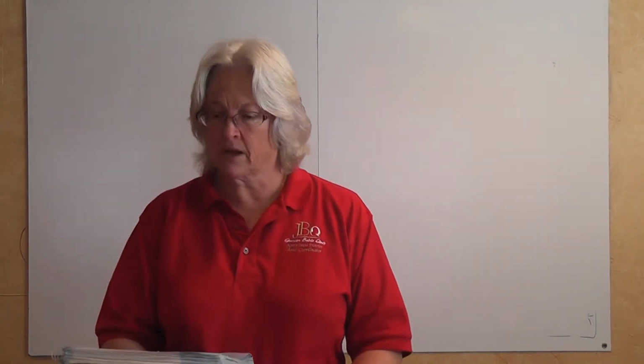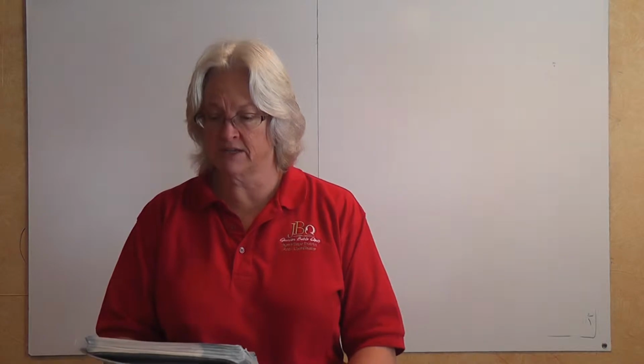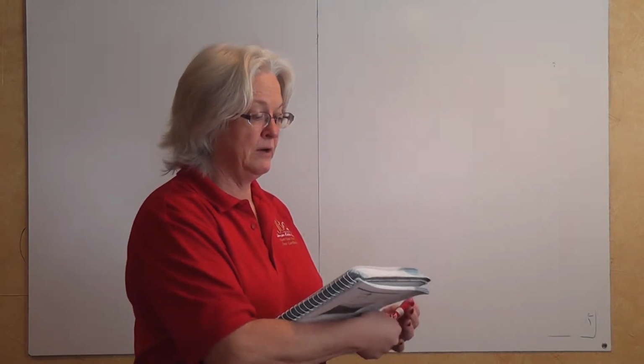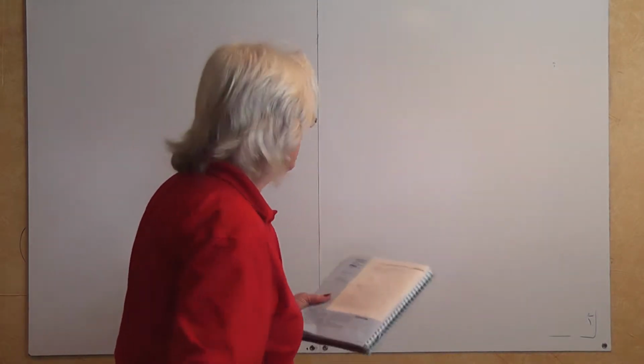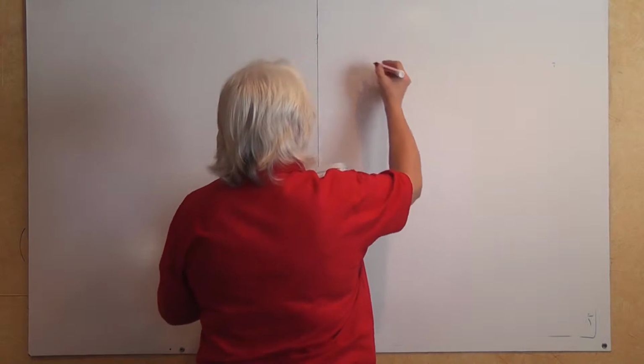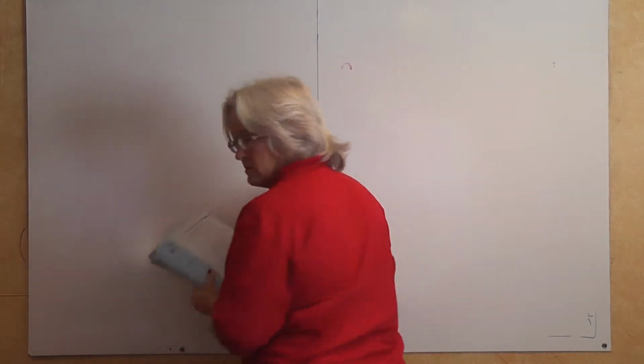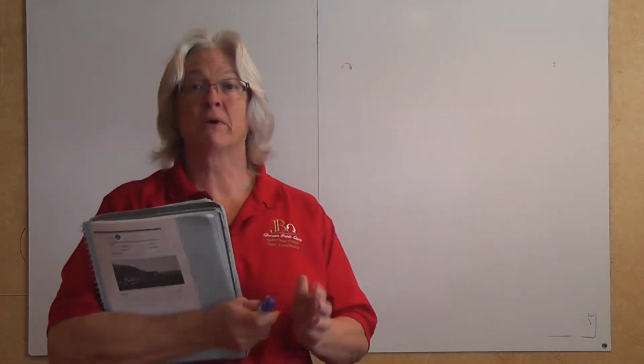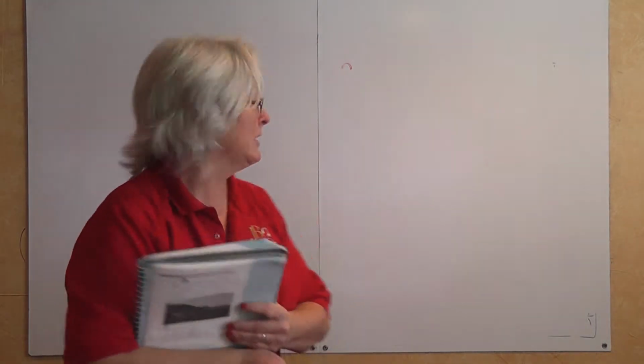So let's go ahead and dive right into our work. We are on chapter 8.6, page 266, solving equations where we have variables on both sides. This is example 1 on page 266.